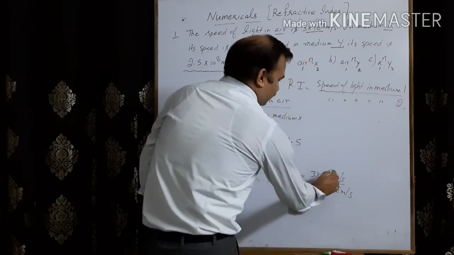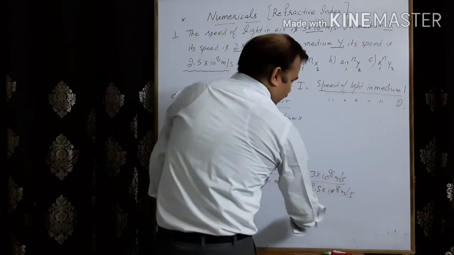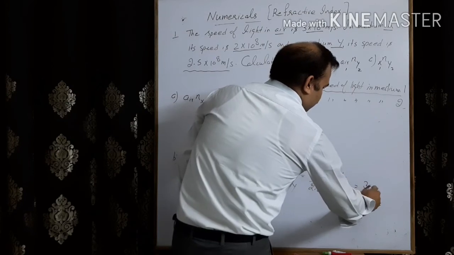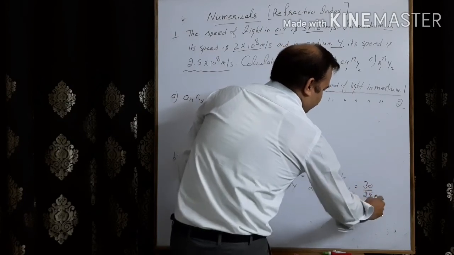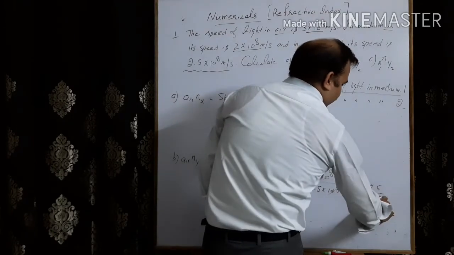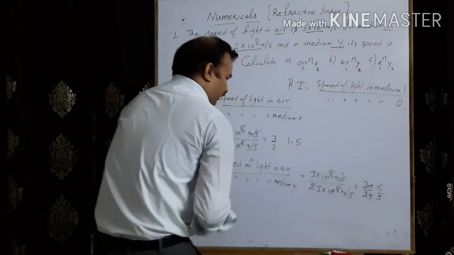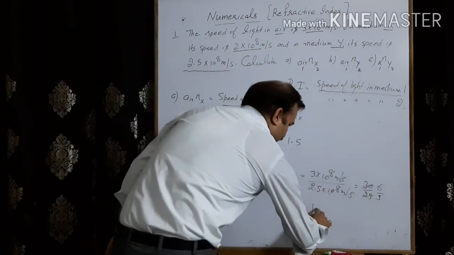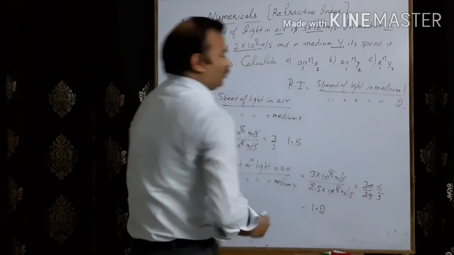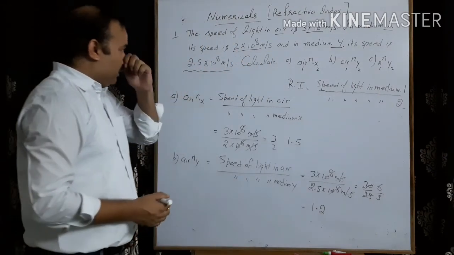Again 10 raised to power 8 will get cancelled, unit also got cancelled. So this becomes 30 by 25. 5 sixes are 30, 5 fives are 25. If we divide 6 by 5, we will get 1.2. Again no unit because it is a ratio.